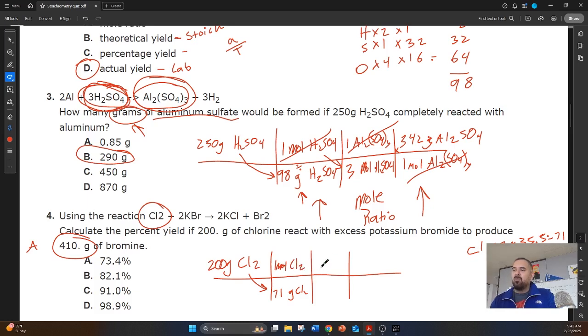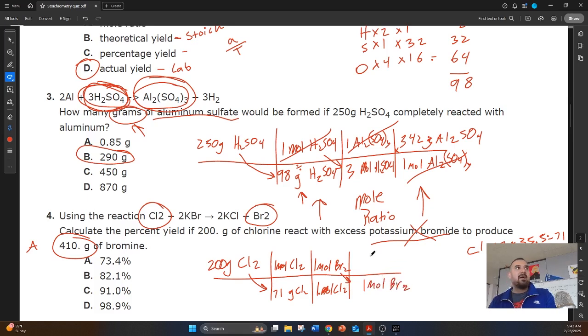And then now that we have moles, our next step is mole ratio. So we're comparing it not to potassium bromide, we're actually comparing it to bromine. And here we have a 1-to-1 ratio. So for every 1 mole of Cl2, we produce 1 mole of Br2. And then down here, we're going to put 1 mole of Br2.